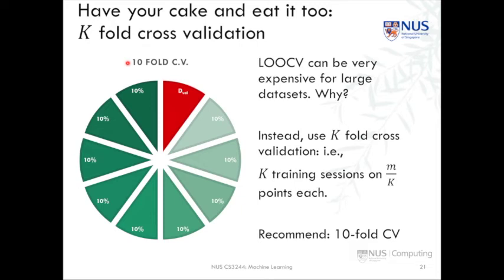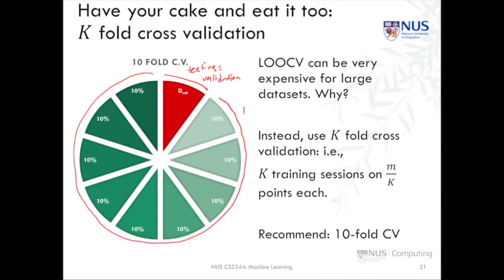Here we can see we have tenfold cross-validation, where the dataset is cut up into an equal number of instances of 10%. We'll use one part for testing, or in our case, the equivalent of validation, and we'll use the remaining 90% for training purposes.